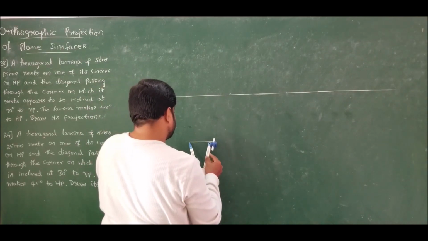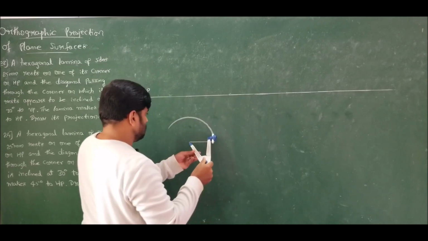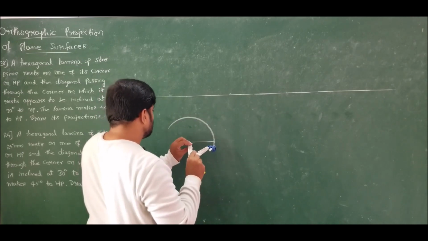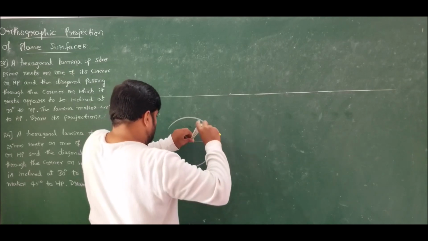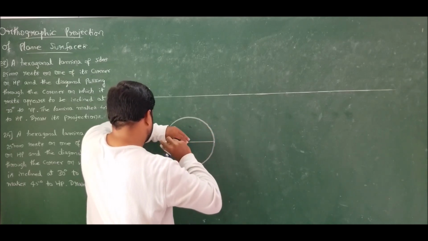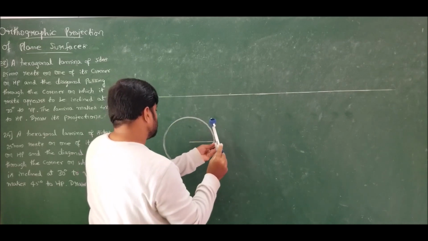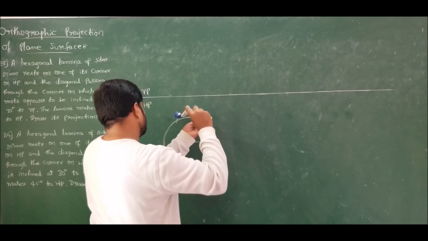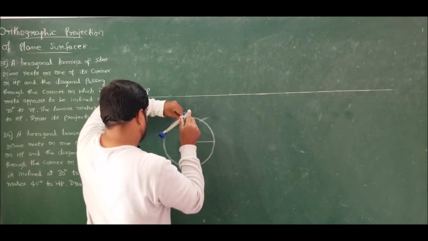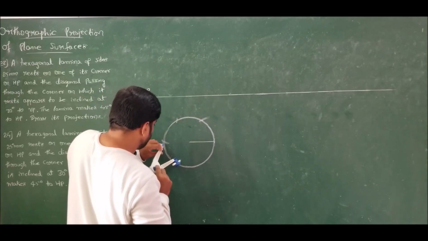Constructing the circle with this as radius, cut arcs at equal intervals.